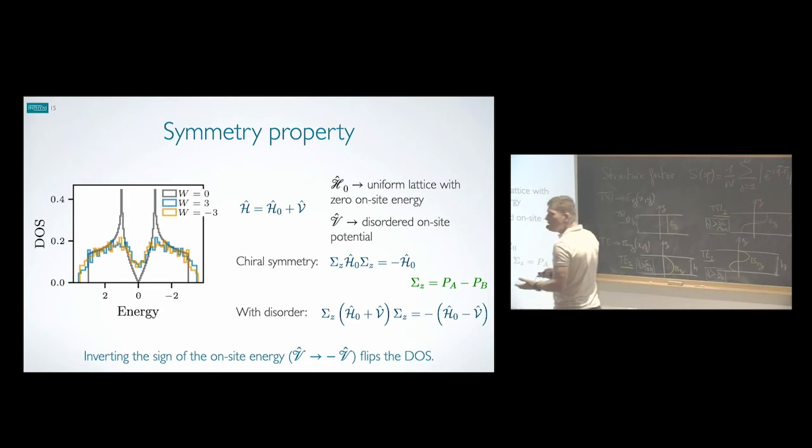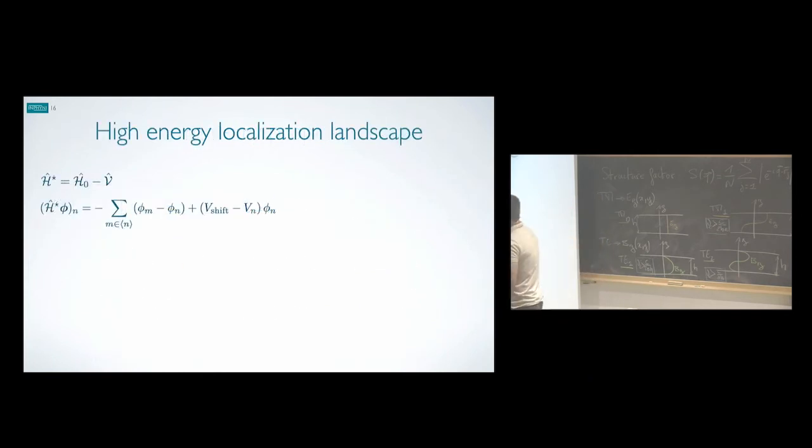So the strategy now is clear. What we have to do to build the high energy landscape for the original problem: first, we create a new Hamiltonian with a band inversion. This Hamiltonian is defined in this way. Here I put a V shift, just in order to keep a positive definite Hamiltonian, but it's just a reference, it doesn't change anything.